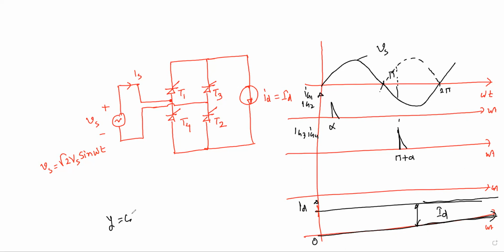Sir, I have a question regarding this kind of converters. We are actually changing the output voltage RMS value, right? Yes. No, DC equivalent. The output voltage is the DC equivalent of the AC circuit.